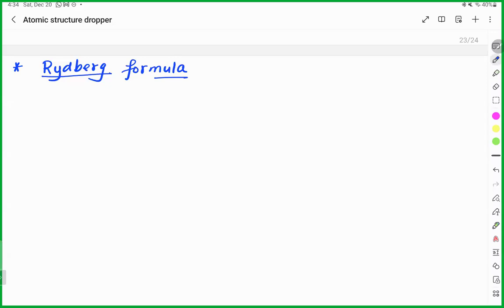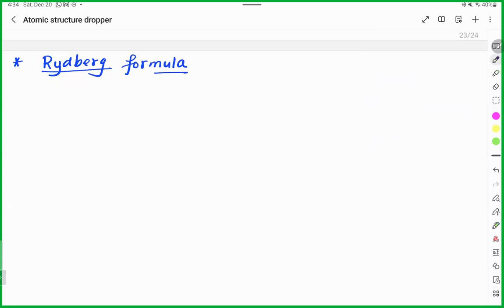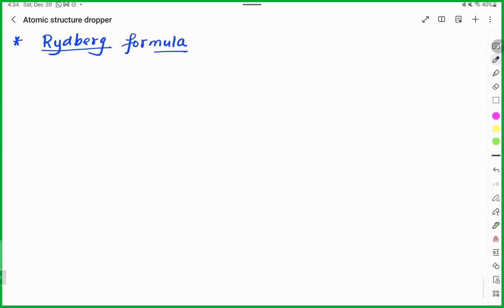So, Rydberg formula. There was a scientist, Rydberg. He said we can calculate the wavelength of different spectral lines, but for single electron species. Remember, this whole topic is about one electron systems.